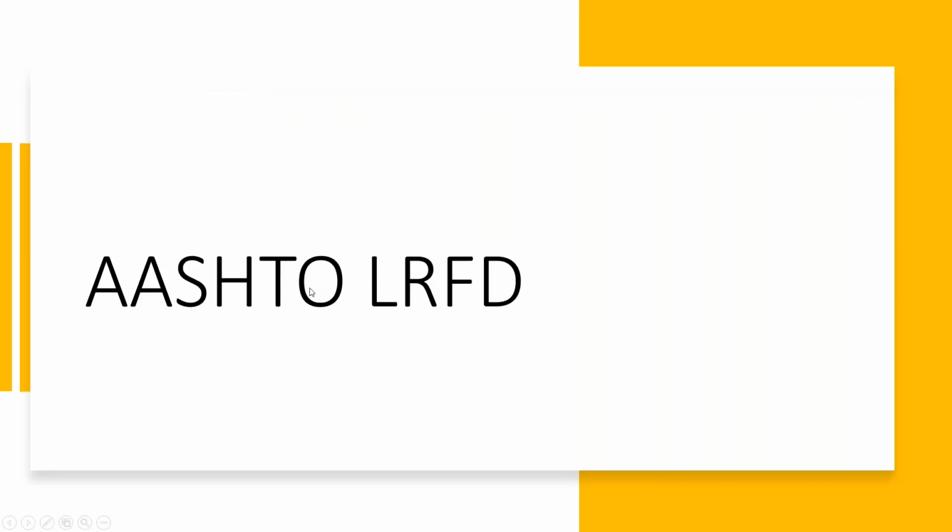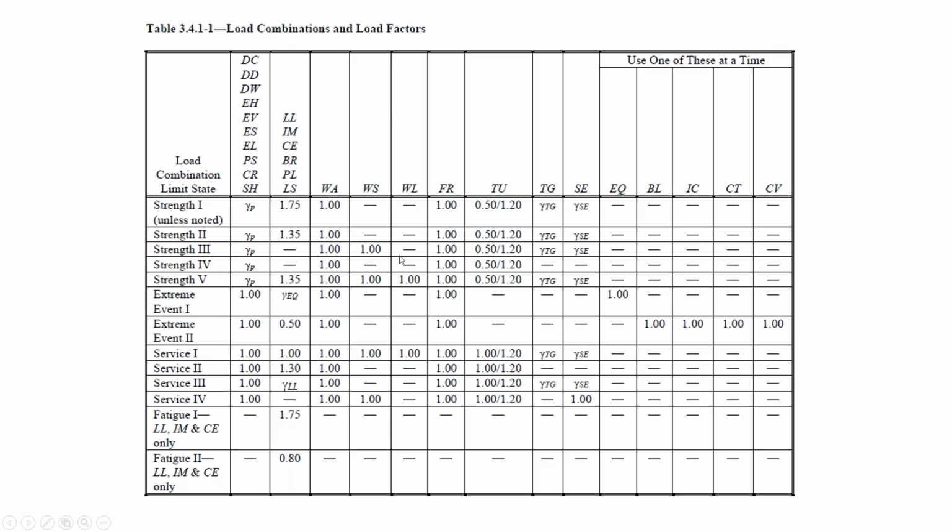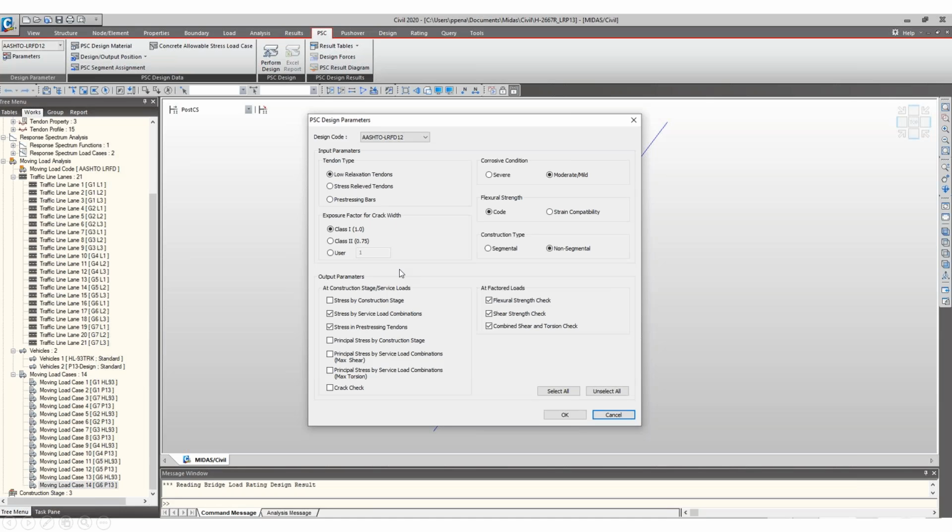After this, I'm going to talk a little bit about the AASHTO LRFD. I use MIDAS to design the bridge. The load combination factors from AASHTO, that's the one that I use. Here I have the specifications. I define this as PSC elements.